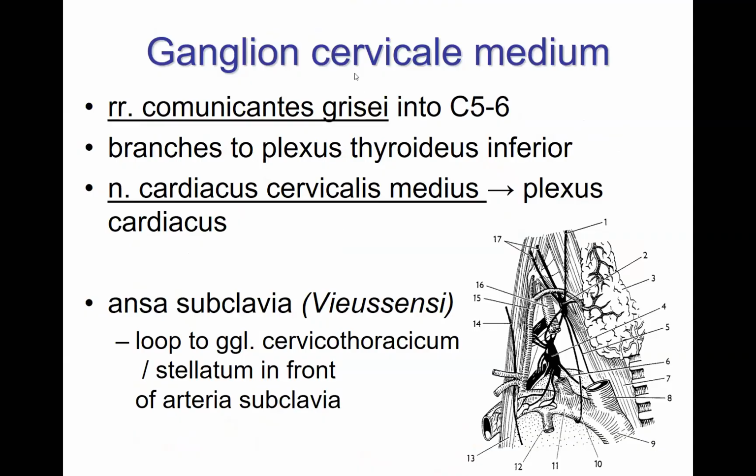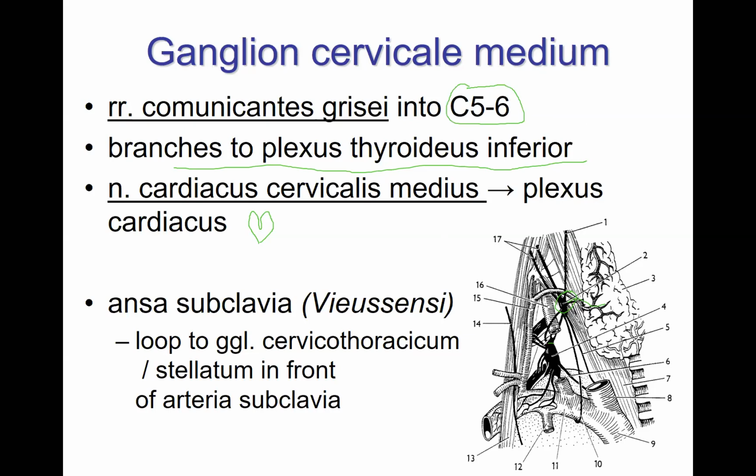So what about the middle one? The middle one is visible here. It's close to the thyroid gland, so it gives branches to vessels going to the thyroid gland, so branches to the inferior thyroid plexus. As every ganglion in the neck, it supplies the heart, so the middle cervical cardiac nerve. And as every ganglion, it gives a gray communicating branch, this time C5, C6. So it's a small one.